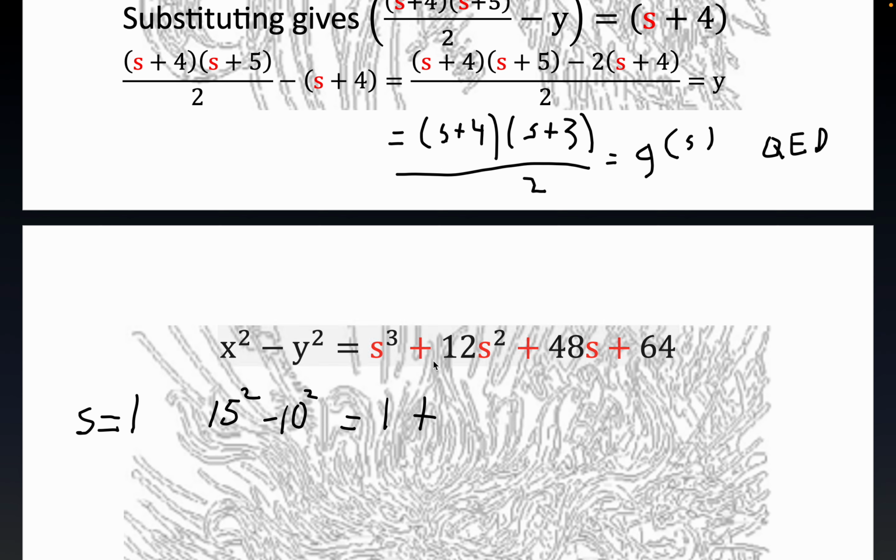Again, we're putting 1 everywhere we see an s, plus 12, trivial evaluation, plus 48, plus 64. What is this? This is 112 plus 13. That's equal to 125.